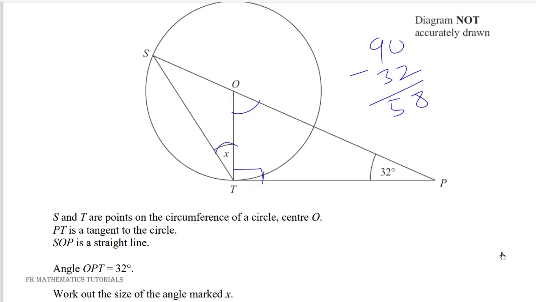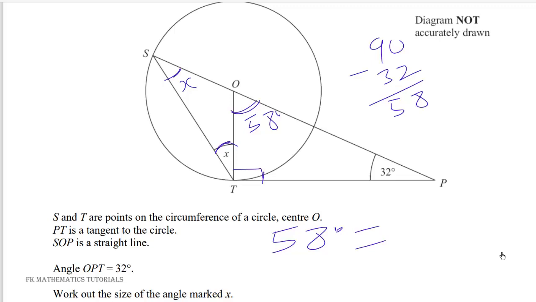So if that is 58 degrees, then we can use the external angle theorem. So angle X plus this angle, this angle here is also X. The external angle of a triangle, the external angle 58, is equal to the sum of the two opposite interior angles.